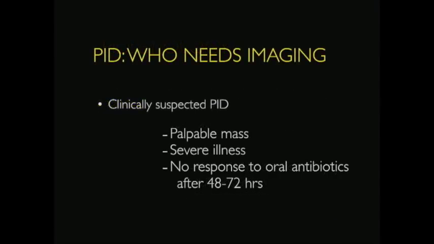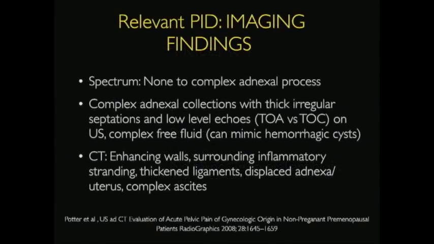Who gets the imaging is really patients who have a palpable mass, severe illness, or no response to oral antibiotics. And when we do get the imaging, there can be a wide spectrum of findings, from endometritis to tubo-ovarian complex to abscess.